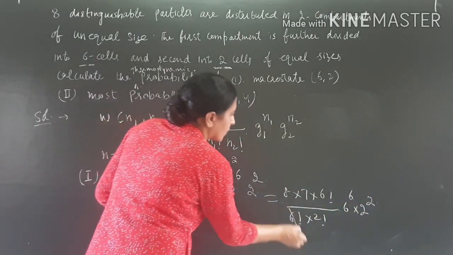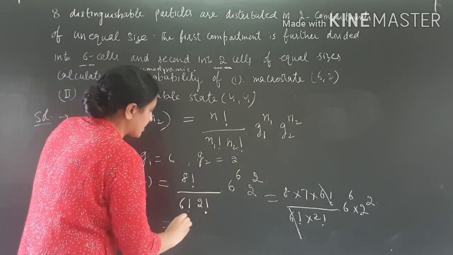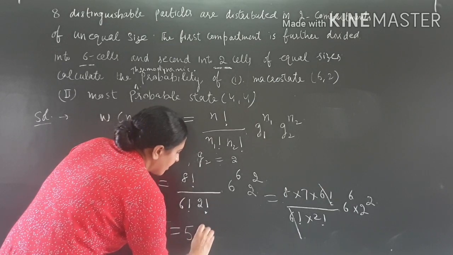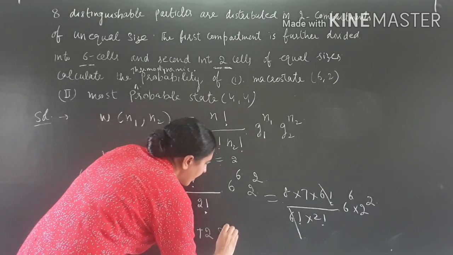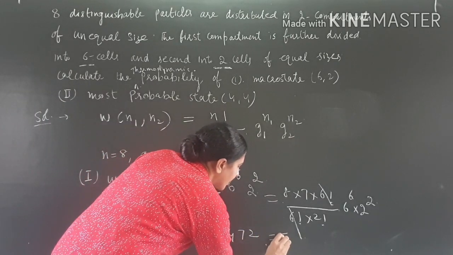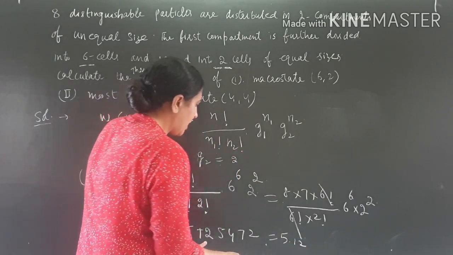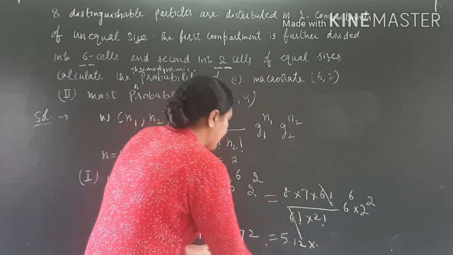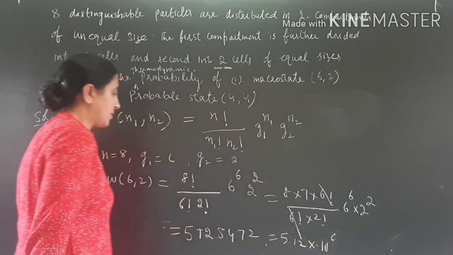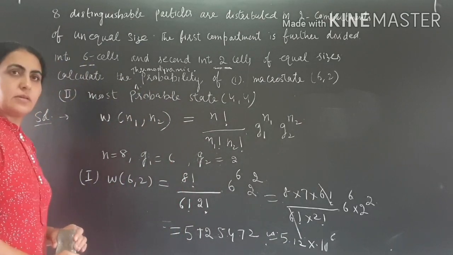Clear? So 6 factorial cancels with 6 factorial, and when you solve this with 6 raised to power 6 and 2 raised to power 2, you will get approximately 5.12 into 10 raised to power 6. The approximate value is 5.12 into 10 raised to power 6.